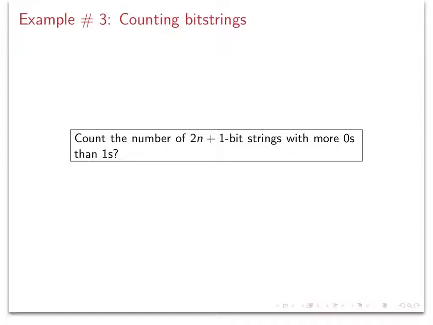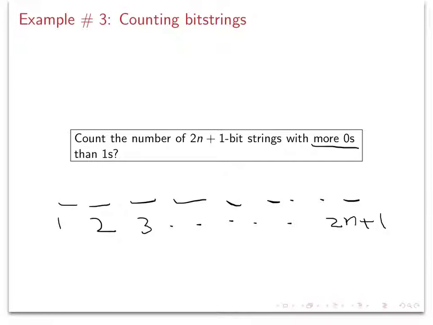Okay, so the last question is, count the number of 2n plus 1 bit strings with more zeros than ones. This is again a problem of counting, and we'll see how this count can be done. If you have 2n plus 1 bits, so this is bit number 1, bit number 2, 3, up to 2n plus 1, and we would like to have more zeros than ones, which means that you can have many cases.